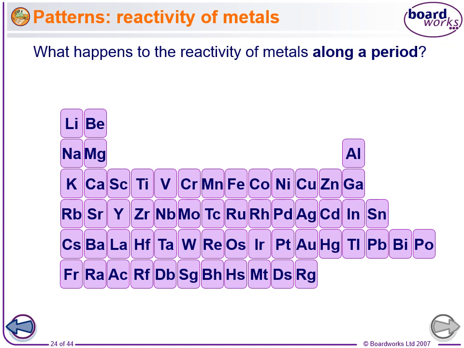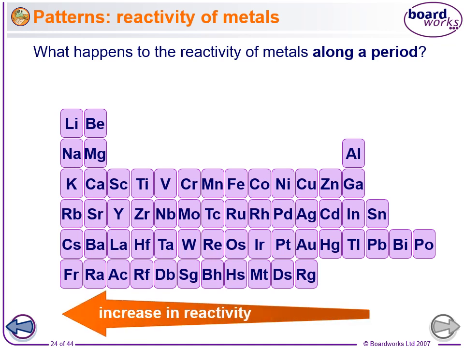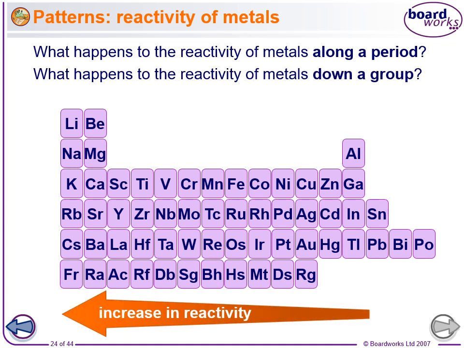Okay, so I have here a pattern on the reactivity of metals. So ang tanong, what happens to the reactivity of metals along a period? Paano nga ba? So, it is increasing from the right side going to the left side on our periodic table. Sunod na tanong, what happens to the reactivity of metals down a group?